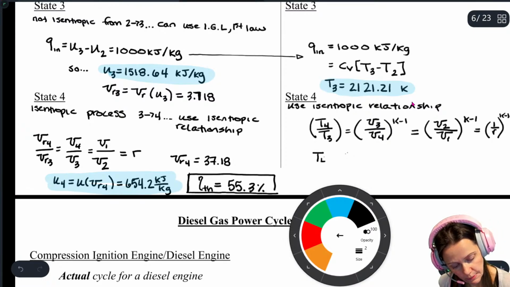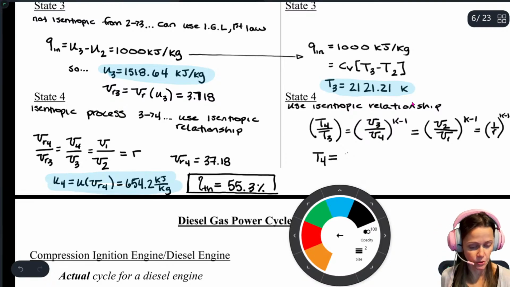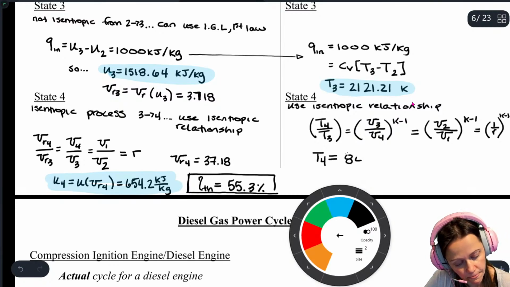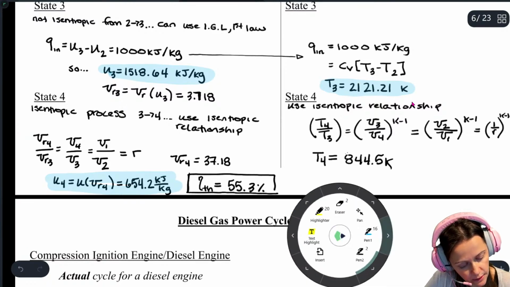So as long as my temperatures are in absolute temperature units, I'll get the right answer. I've got a T4 of 844.5 Kelvin.